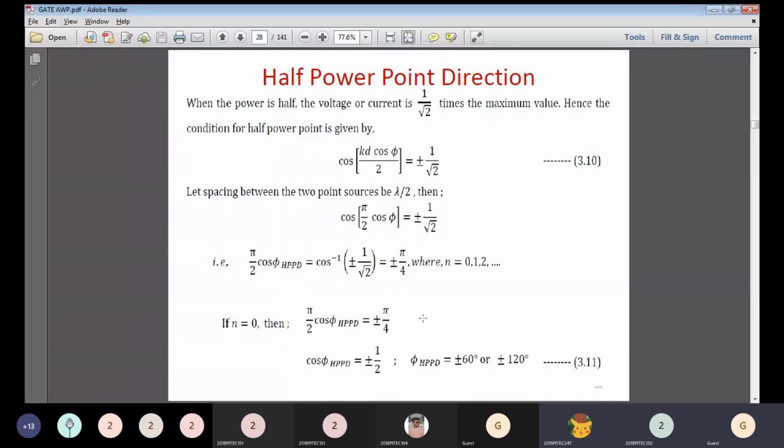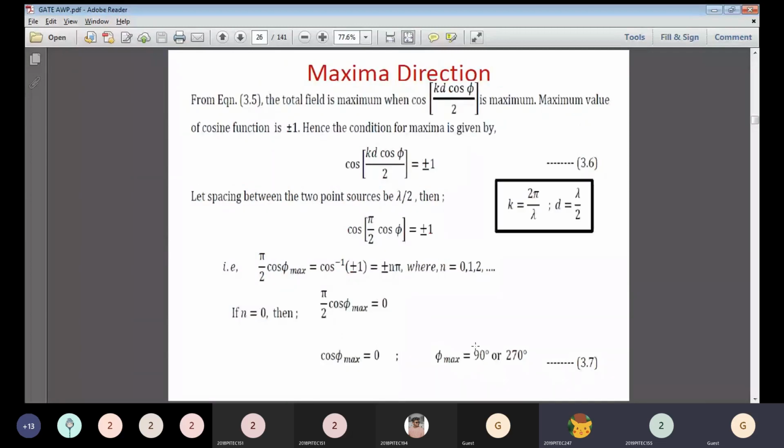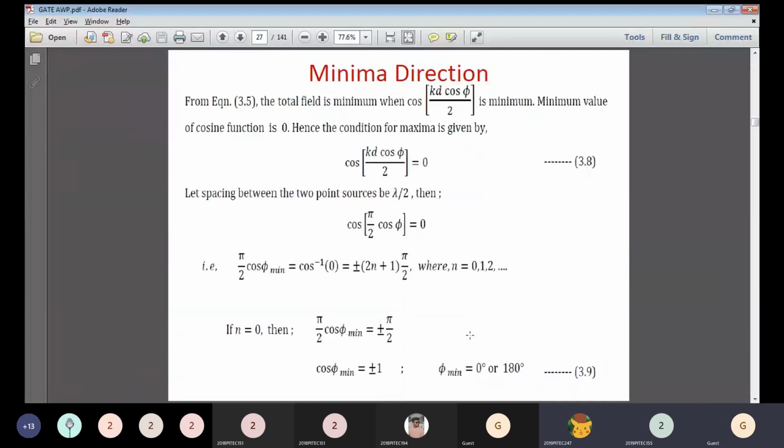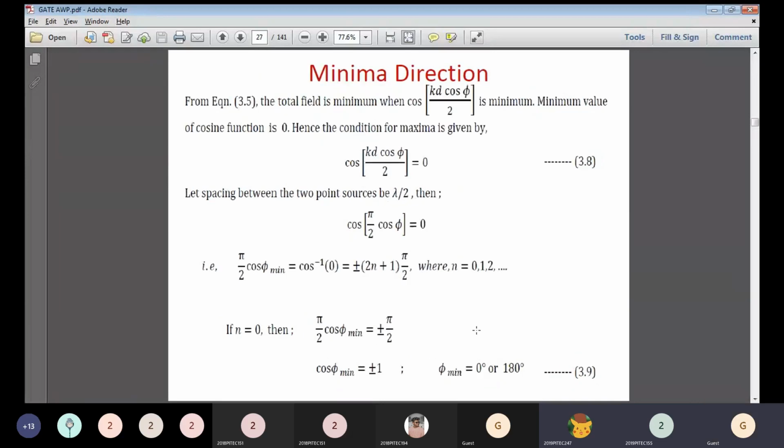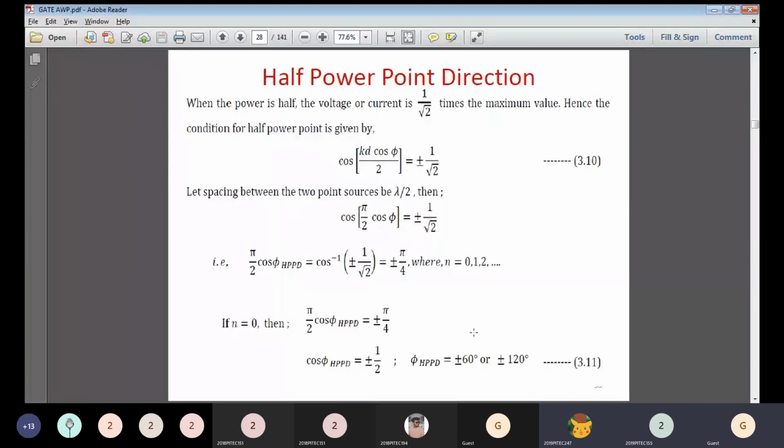So having all the values, the maximum direction will occur at 90 or 270, the minimum at 0 or 180, and the half power point direction at 60 or 120.